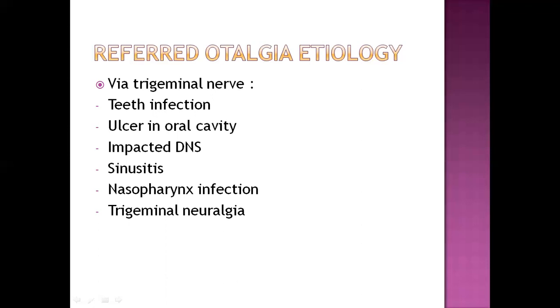During nasopharynx infection, as the nasopharynx and middle ear tympanic membrane are connected through the eustachian tube, the infection might spread towards the middle ear. Also, trigeminal neuralgia. In diseases related to nerve disorders, there is disturbance in perception of hearing.